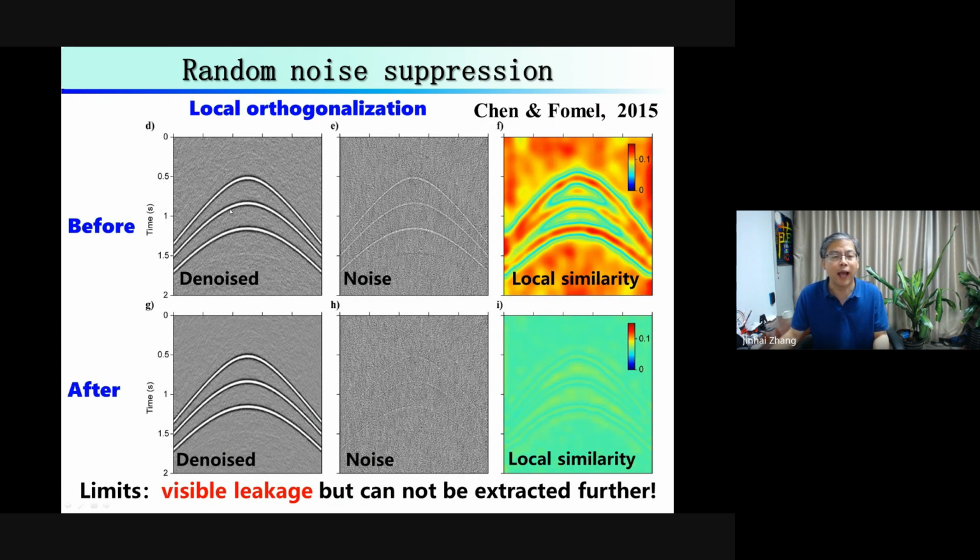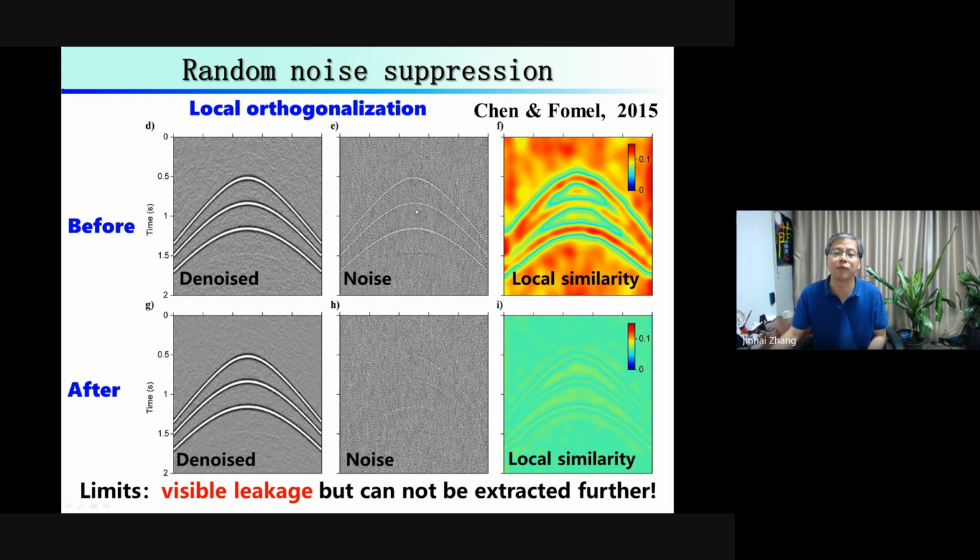For any method of denoising, we can obtain a denoised profile like this, and the residue is the noise background. However, we can see that there is some similarity. We have three hyperbolas here, and three similar hyperbolic shapes in the noise.